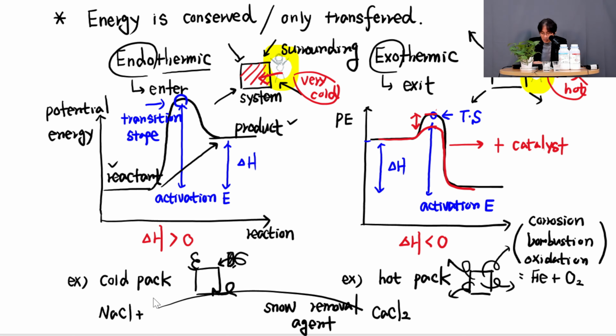Sodium chloride will react with H2O. Calcium chloride also reacts with H2O. And the result is the same. The ice formed on the roads or streets will melt down easily, right?